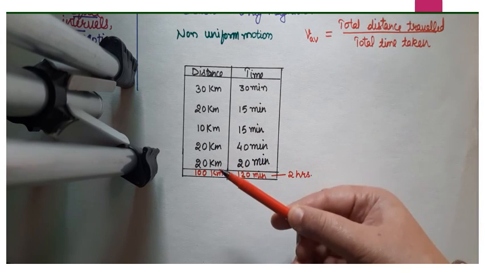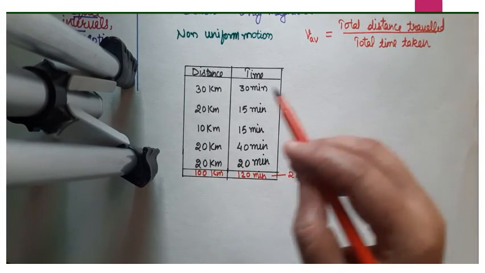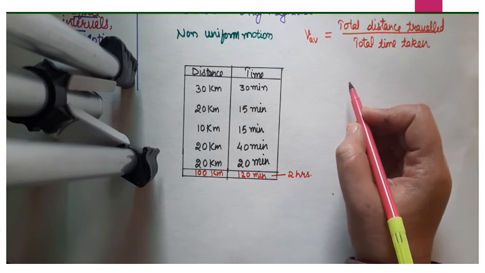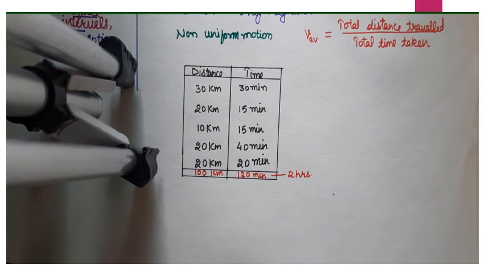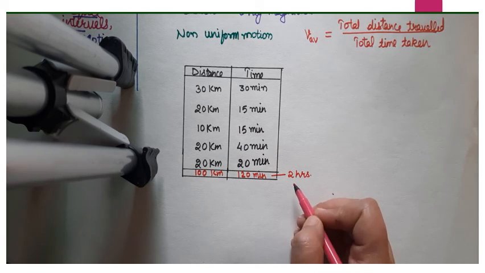So here the speed keeps changing. The speed is not constant, or it is not traveling with the same speed all through the journey. Then in such a situation, we determine its average speed. In order to do that, we take the total distance traveled and total time taken.